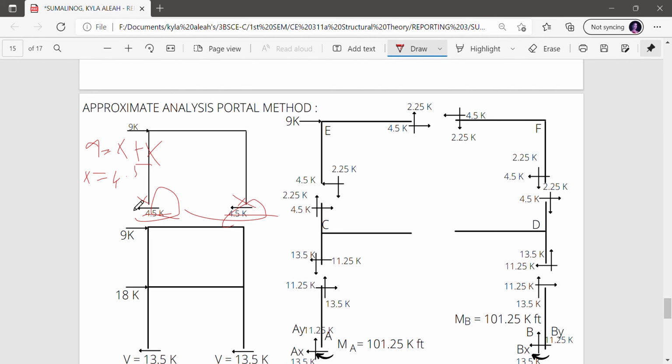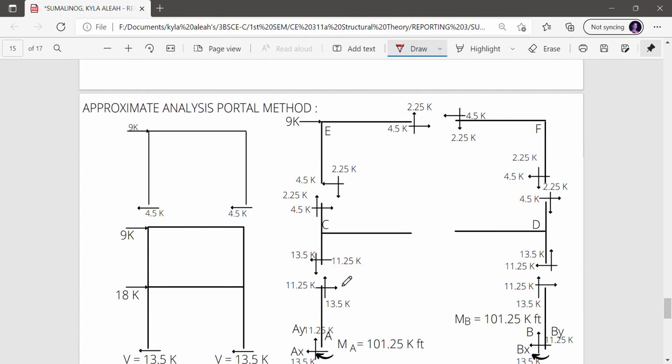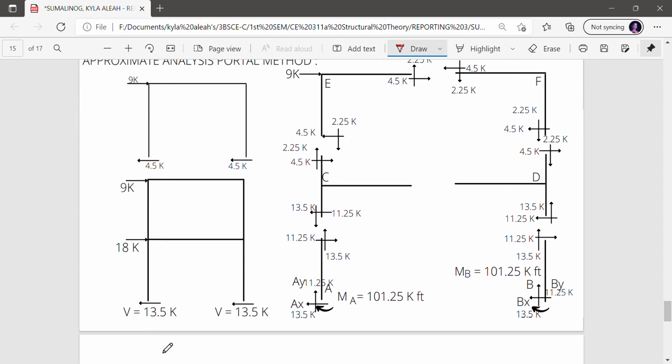On the lower portion, we just add all the lateral forces, 9k and 18k, and the result is divided by 2, which are the two x's. So it will be 13.5k and 13.5k. That is how we got the values.